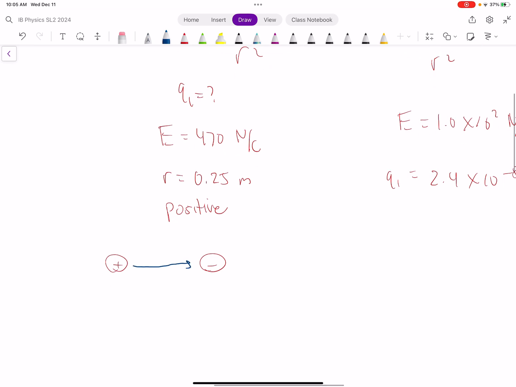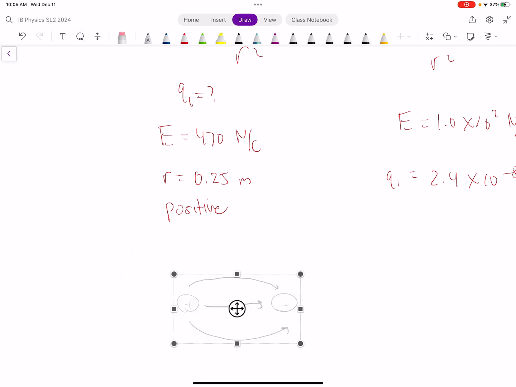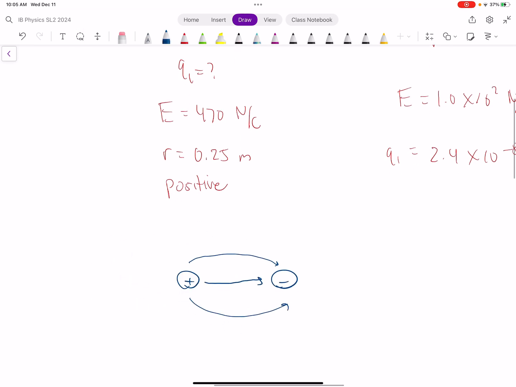Okay, so all field lines come out of positive and go into negative. Now some of these also curve here because there's point charges. I didn't give myself a ton of space here, so let me give you more space. So yeah, on these edges, it curves like this.